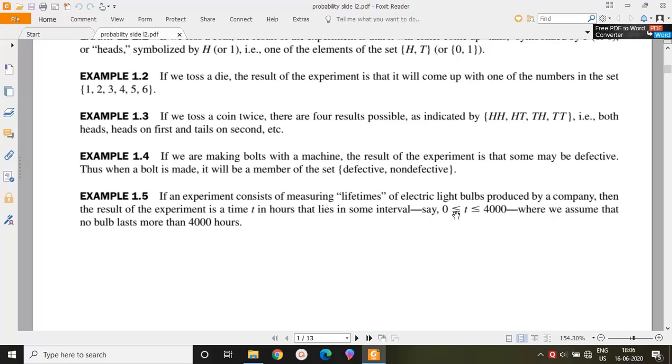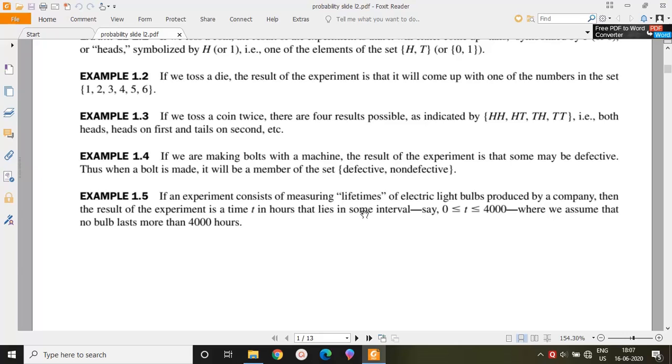For example, if the company manufactures light bulbs with maximum value of life expectancy to be 4,000 hours, then you can get any value between 0 to 4,000, any fractional value also. So the variable associated with this lifetime of electric bulb is an example of continuous random variables.